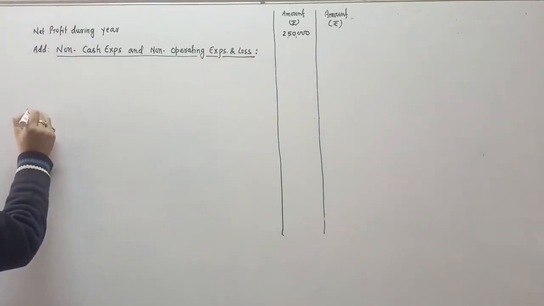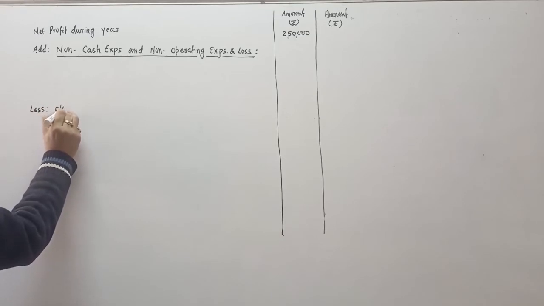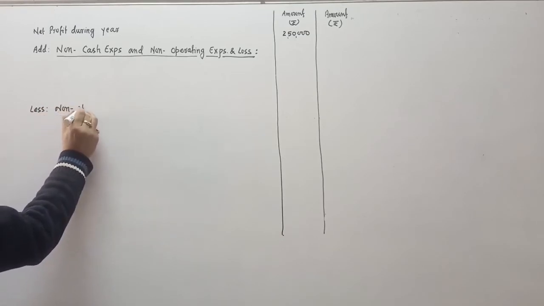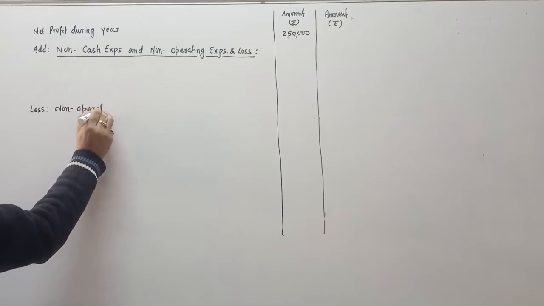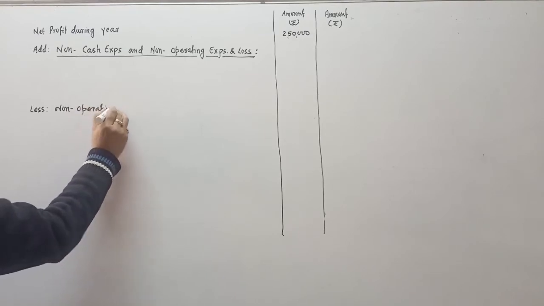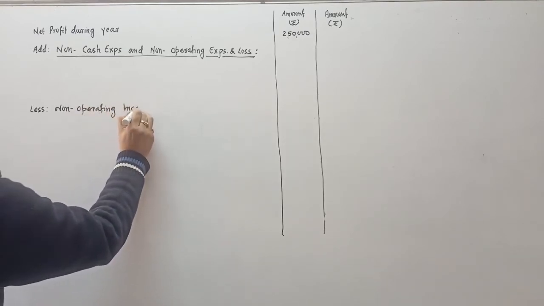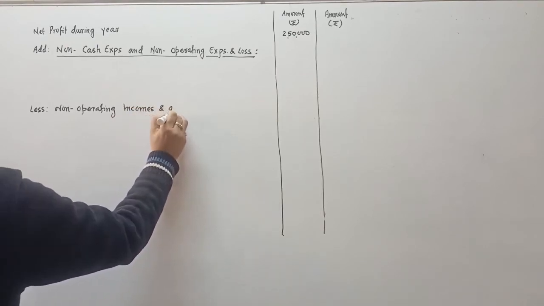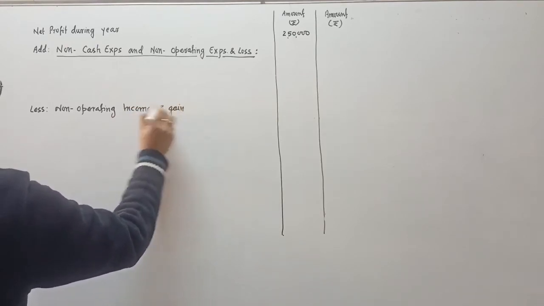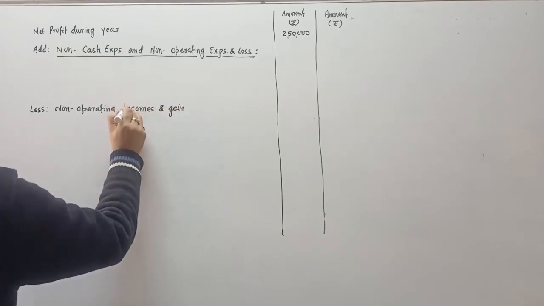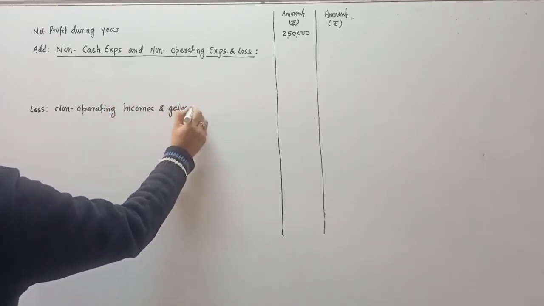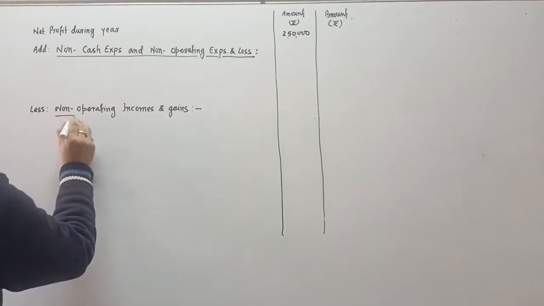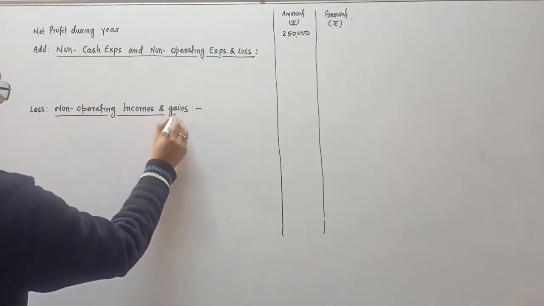And we will deduct non-operating incomes and gains. Okay, this is the first step.